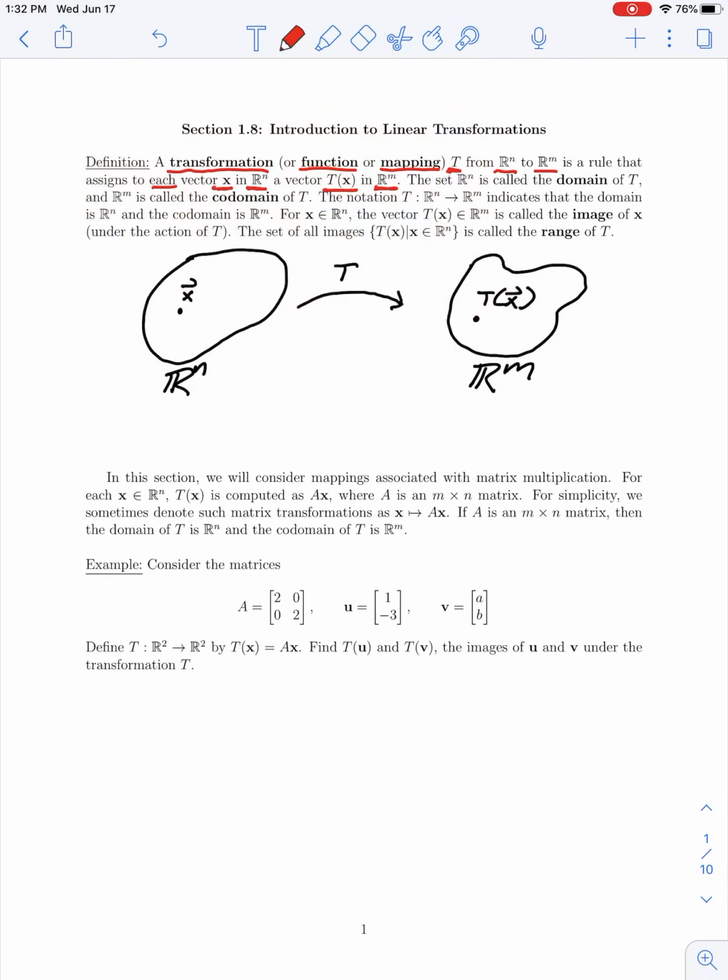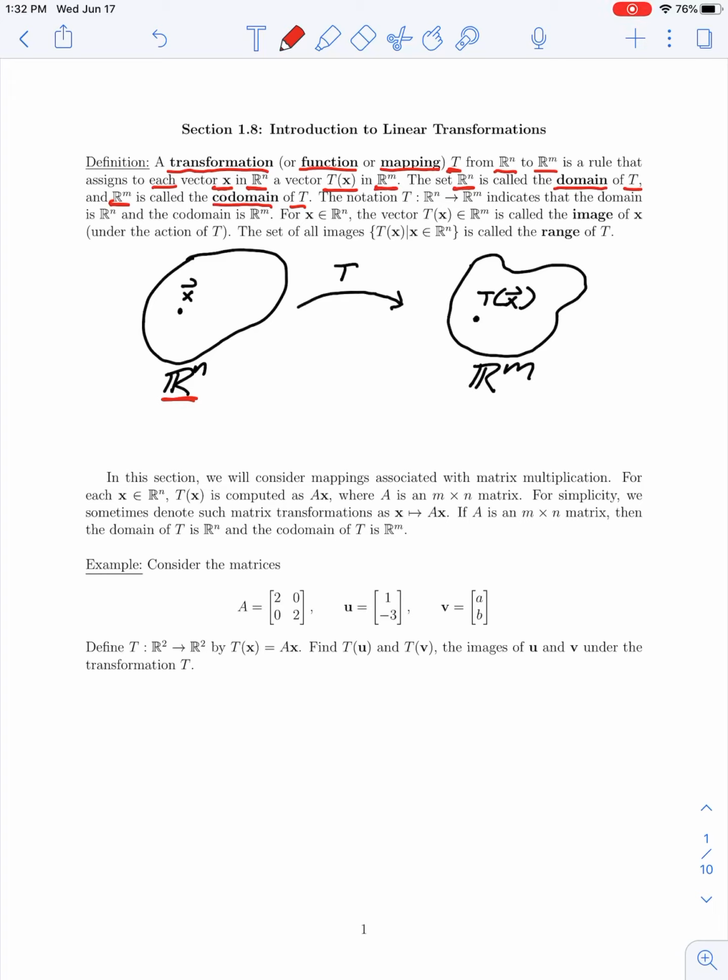The set Rn, where we're taking the vectors x from, is called the domain of our transformation. And Rm is what we would call the codomain of that transformation T. It is the space where we are mapping the vectors x into.